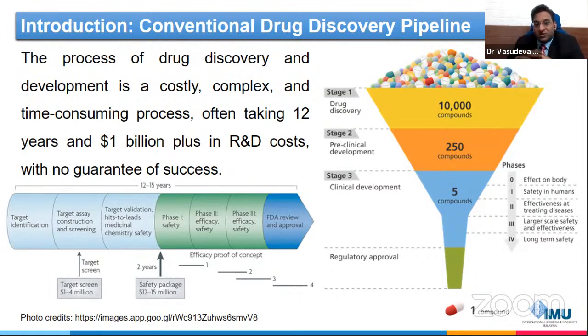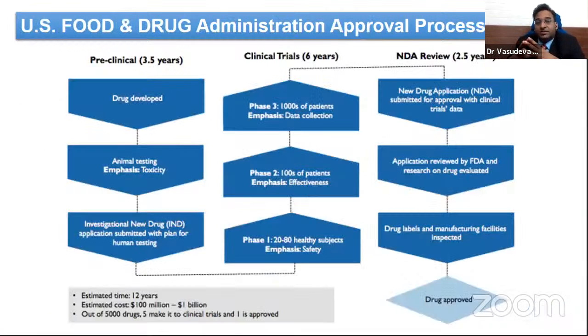Such a tedious process is the drug discovery process. Every stage needs a transition, and that transition is the place where the majority of failures may happen. What types of failures generally come with drug discovery processes, and additional things, we will discuss. If you look at the US FDA processes, preclinical, clinical and NDA review altogether take around 12 years and 1 billion in R&D costs.